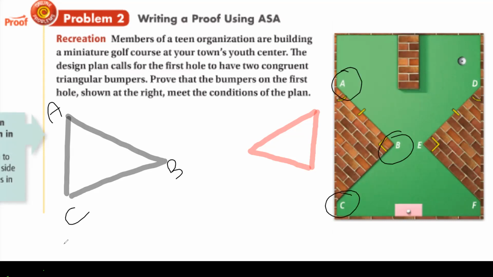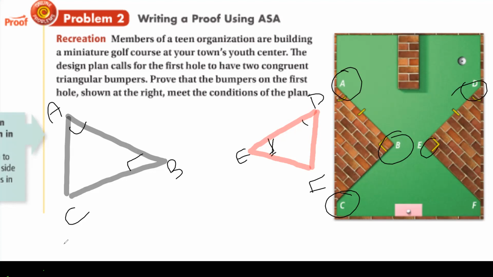And angle A is right. Here I have a right triangle. Here we have angle A. Here we have D, E, F, as you see from here. Here we have a right angle also.